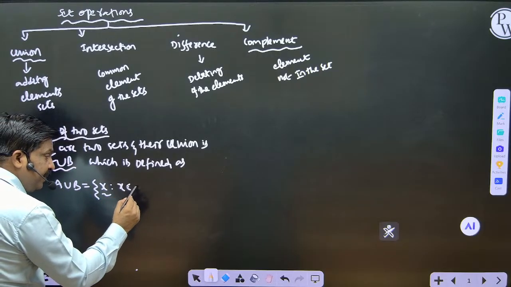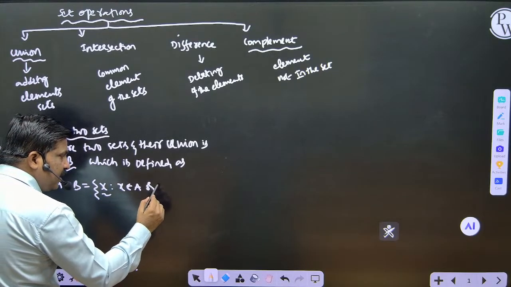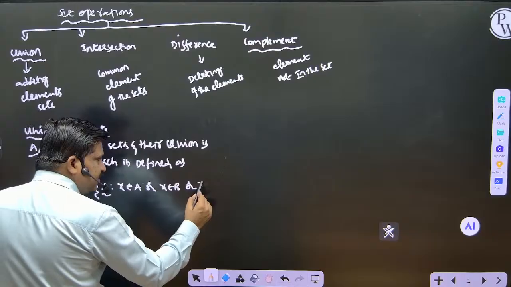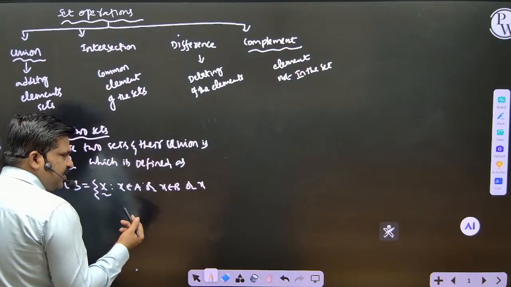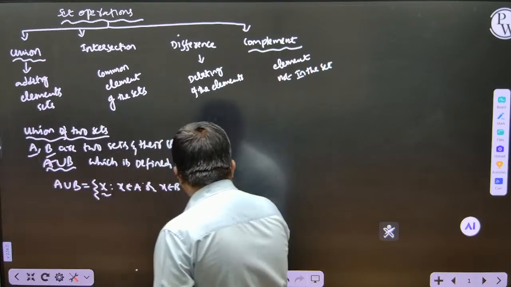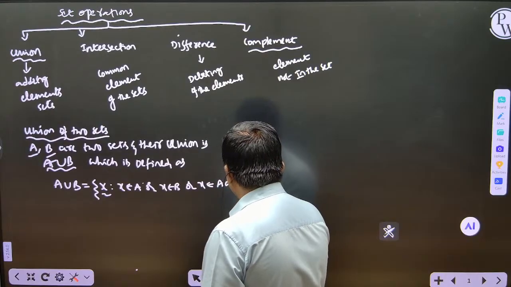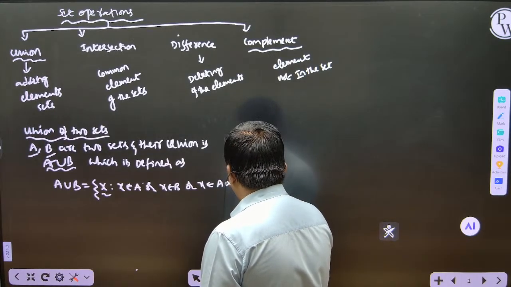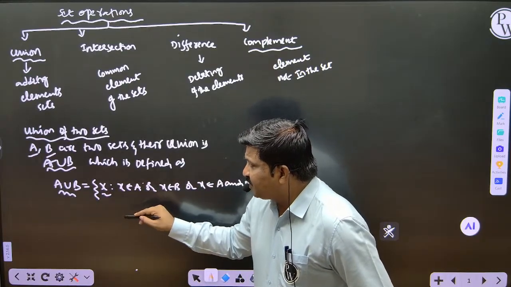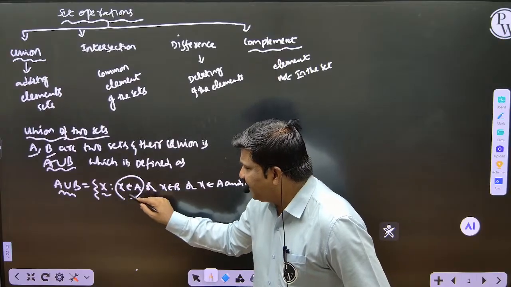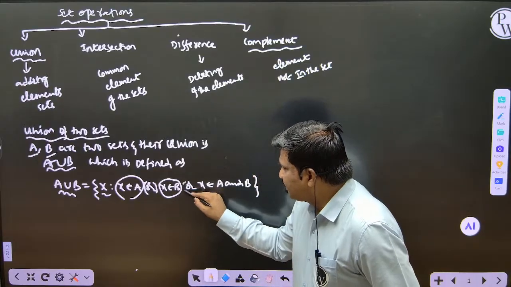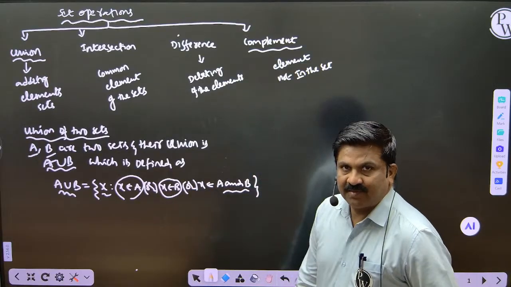That x may be present in A, or x belongs to B, or x belongs to both A and B. A union B is the set which has the elements that may be present in A, or in B, or in both A and B.